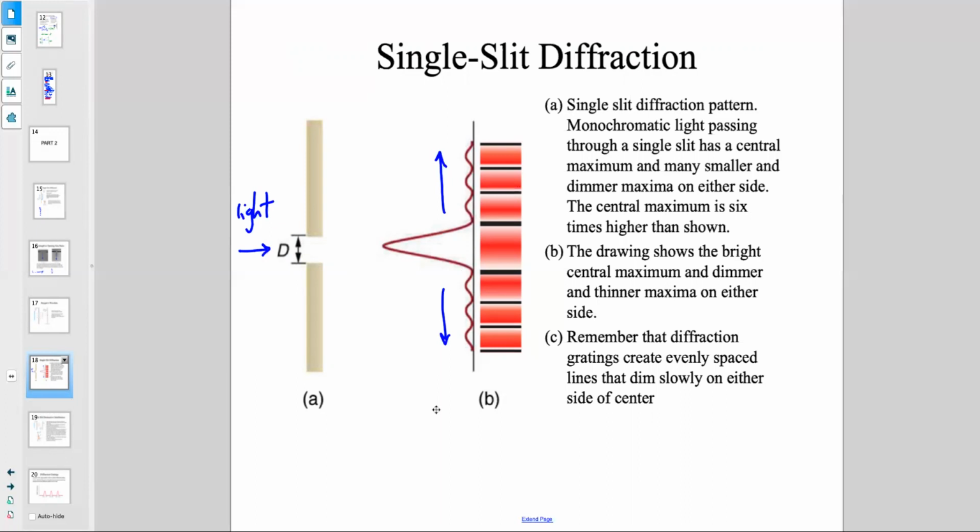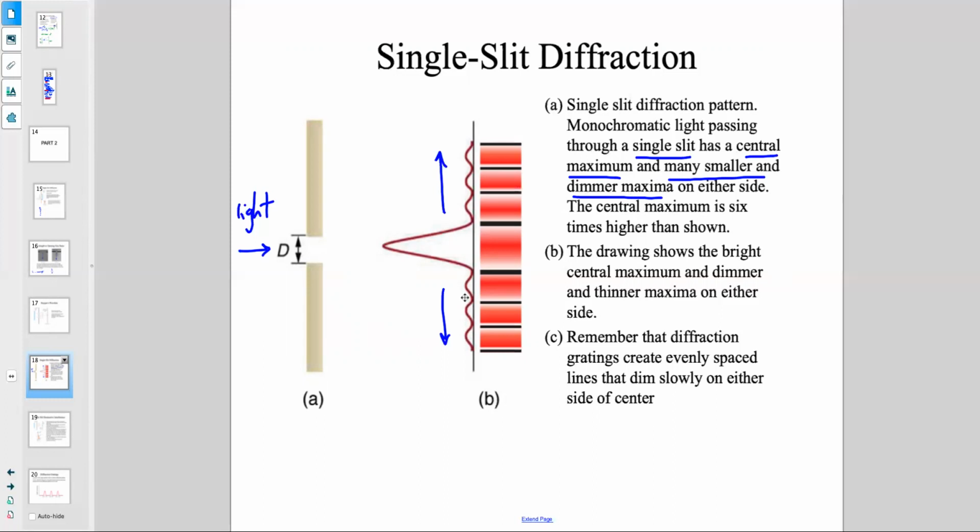So monochromatic light passing through a single slit has a central maximum and many smaller and dimmer maxima around it to either side. And this is the drawing we see.